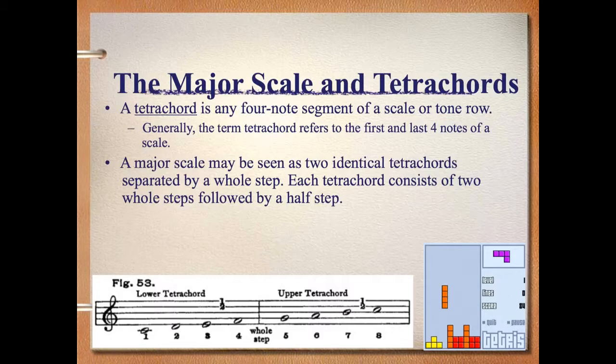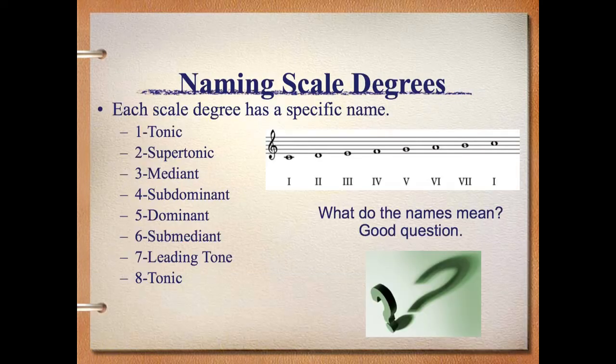When you have 2 tetrachords connected by a whole step in the middle, that creates the notes for the major scale. Any 4-note segment of a scale or tone row, and when we are talking about the major tetrachord, we are talking about the whole step, whole step, half step relationship.